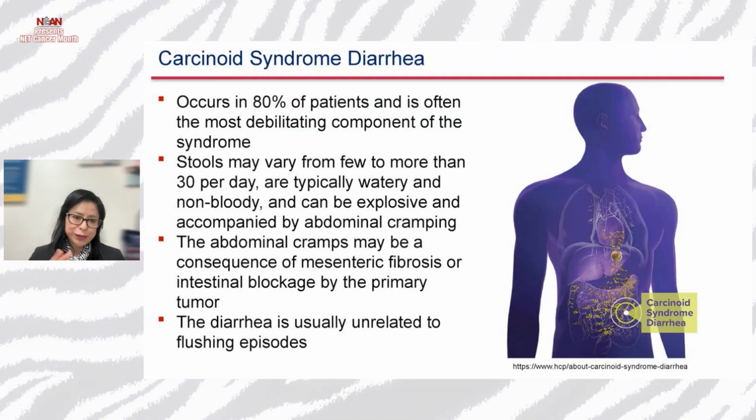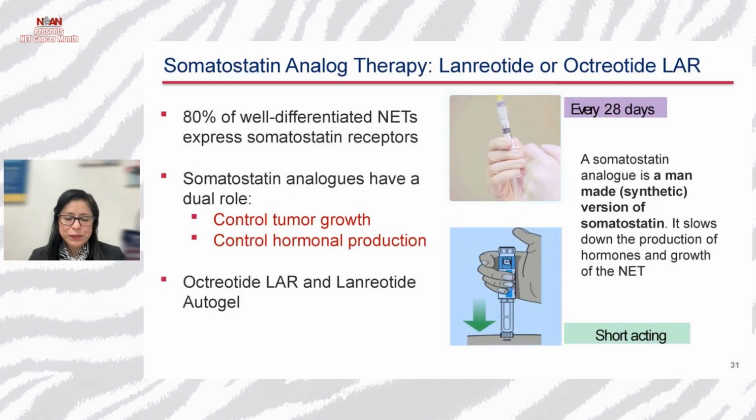With mesenteric fibrosis, the excess of hormones can cause scar tissue around the small intestine, and the layer that covers the intestines, and that can also cause some pain. It can also cause obstructions, which also needs to be discussed with your primary or treating physician, because certain things may need to be done to prevent these symptoms. Diarrhea is usually unrelated to the flushing episode. It doesn't mean that if you have diarrhea, you will have flushing, or vice versa. But again, it's important to recognize the symptoms too.